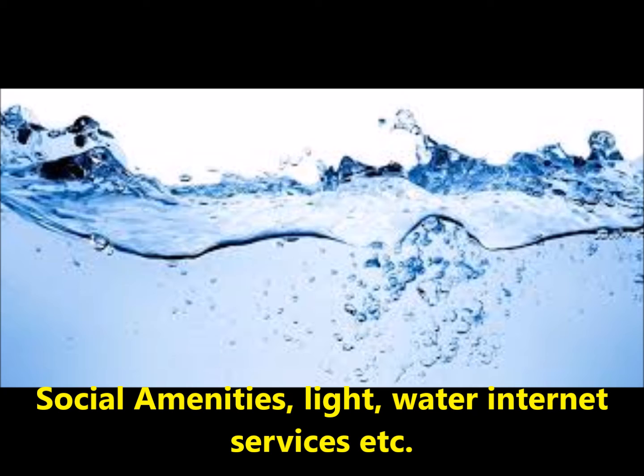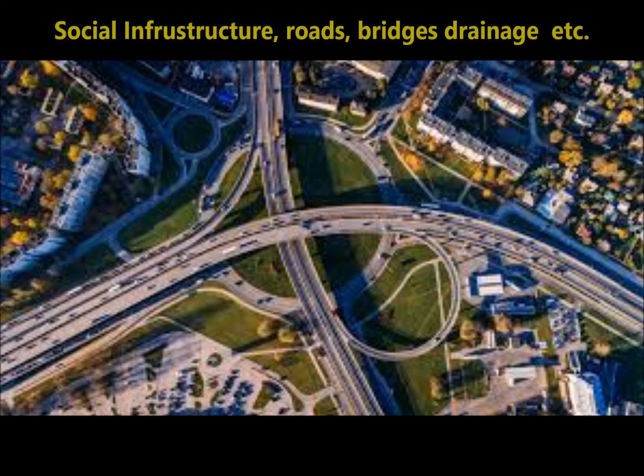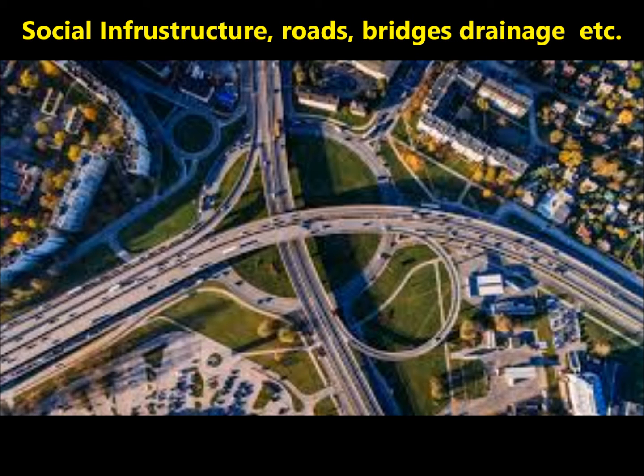Social amenities refers to the availability of light, water, and those things that you would need, right? Social infrastructure, on the other hand, would refer to, let's say, drainage, transportation, roadway, street lights. These are just but a few social infrastructure that a country would need so as to be better able to promote the whole idea of economic growth.